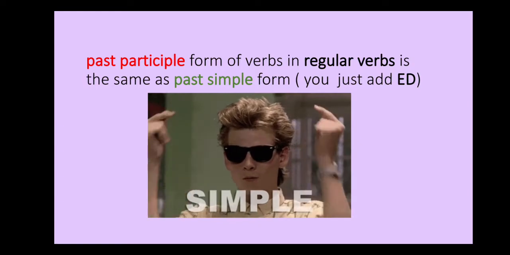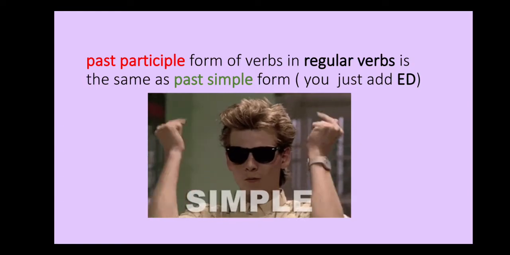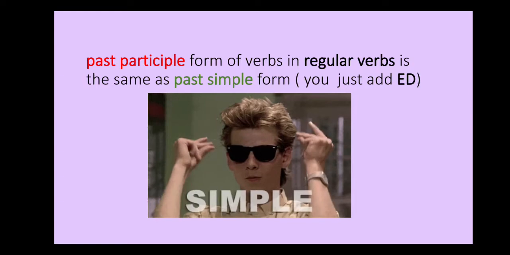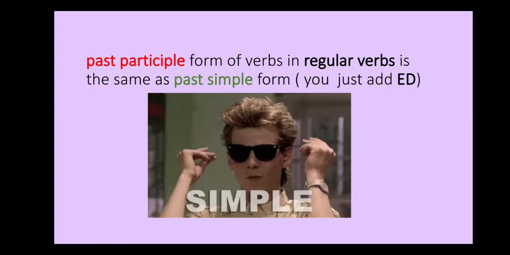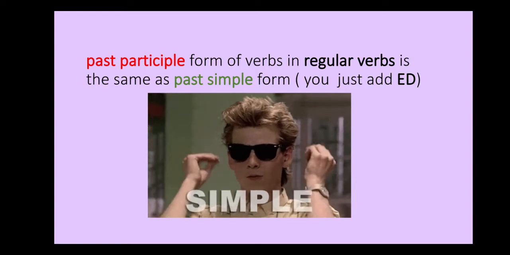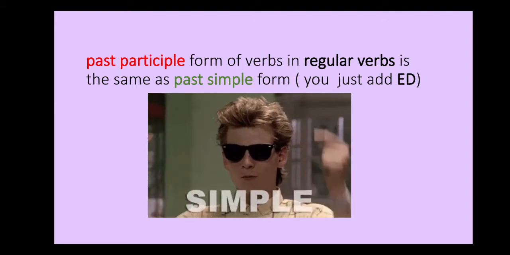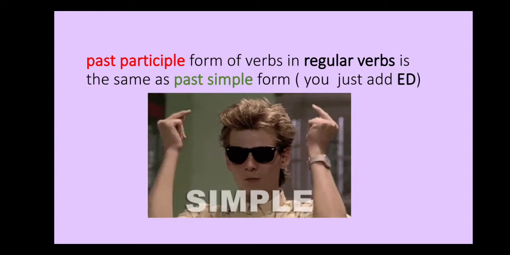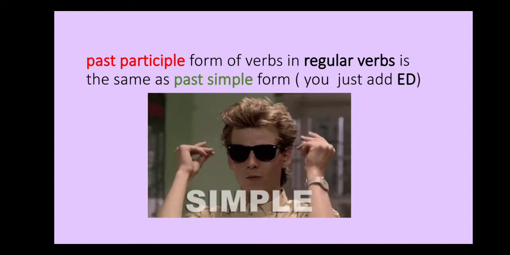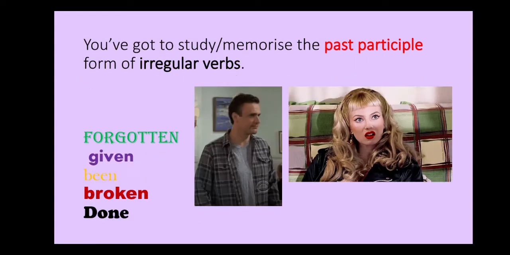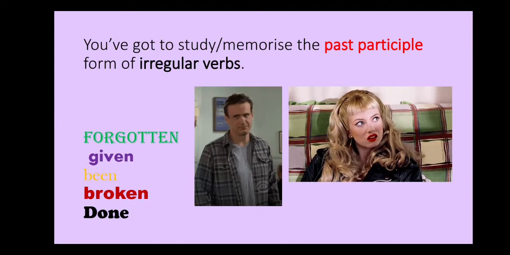In conclusion, the past participle form of regular verbs is the same as the past simple form. You just add ed. It's quite simple. Quite simple, isn't it? But now let's focus on irregular verbs.